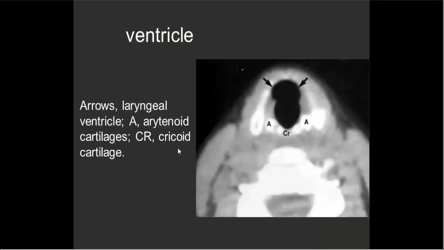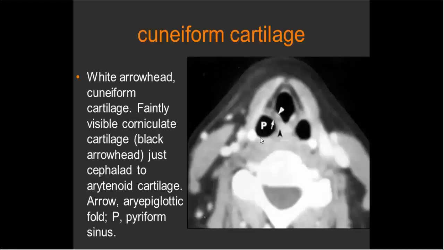The laryngeal ventricles, as we see, the arytenoid and cricoid cartilage. Here are the cuneiform cartilage and the corniculate cartilage, just cephalad to the arytenoid cartilage.